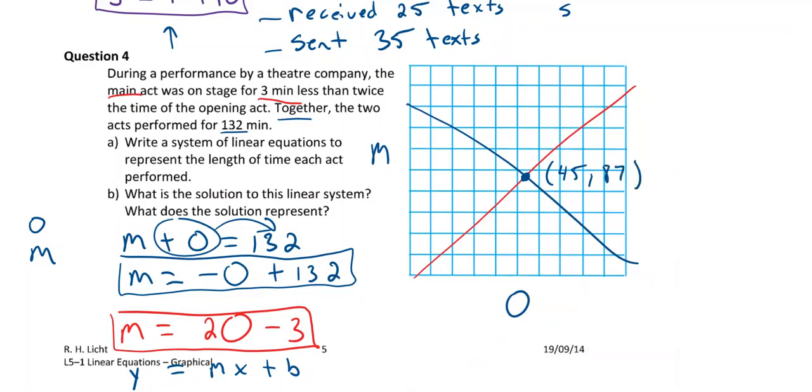So then now what are we looking at here? Well, remember these are our X's and these are our Y's. So this is really our O, right?